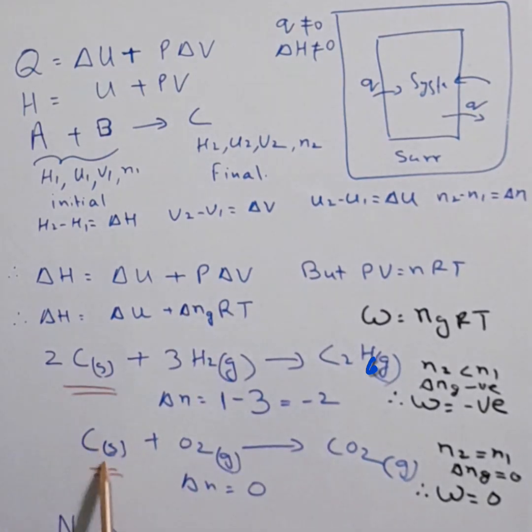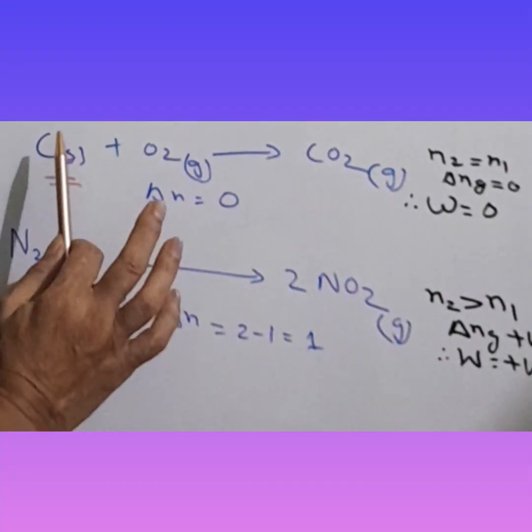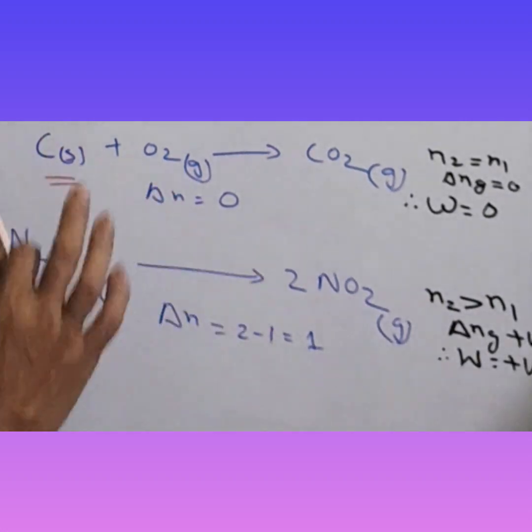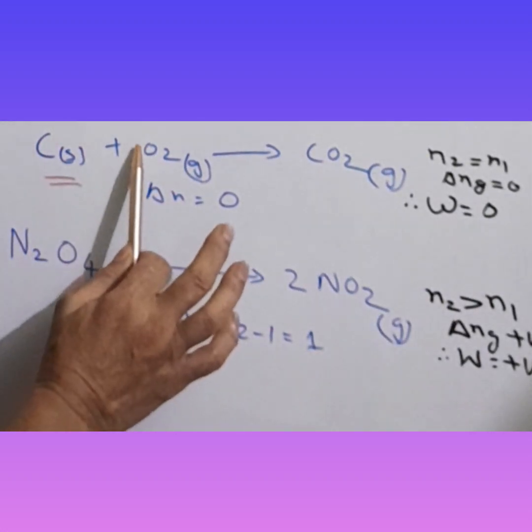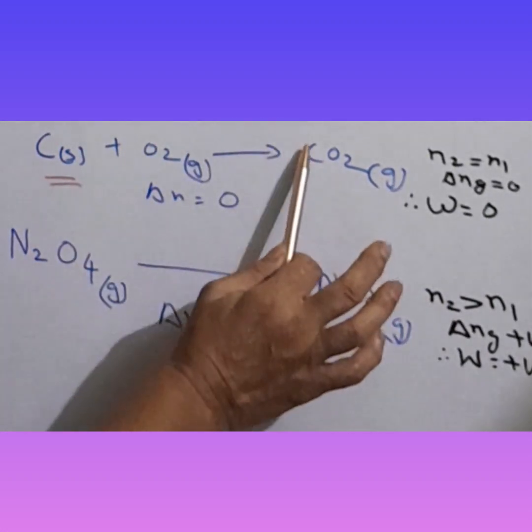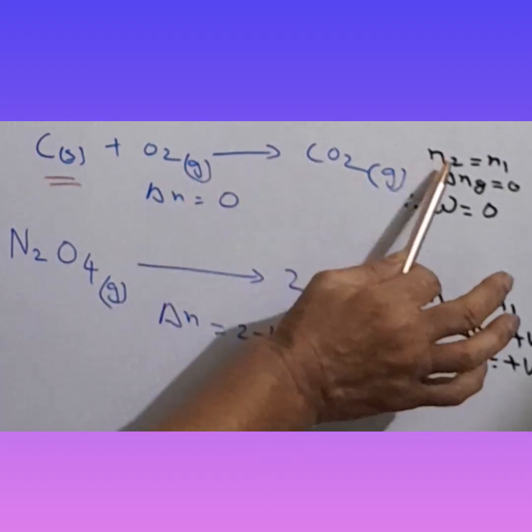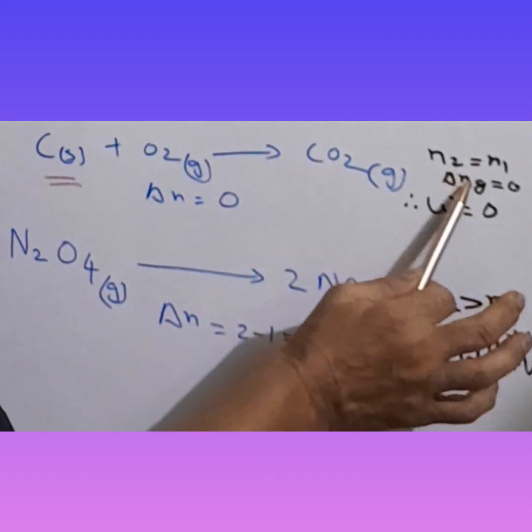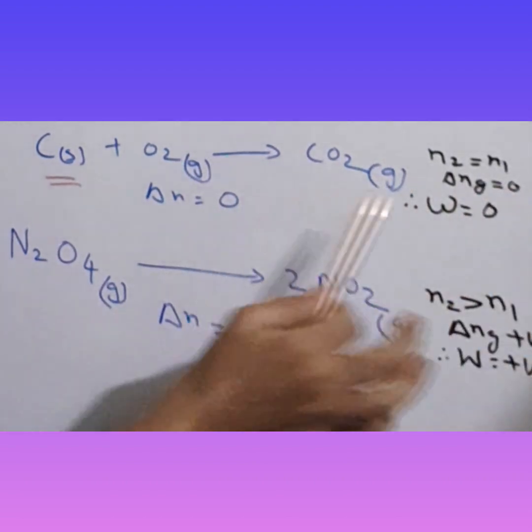Now the second example, where carbon solid reacts with oxygen gas to give carbon dioxide gas. Again solid is not included in calculating number of moles. So 1 mole of oxygen giving 1 mole of carbon dioxide. So N2 is equal to N1, so del Ng is 0. 1 minus 1 is 0.